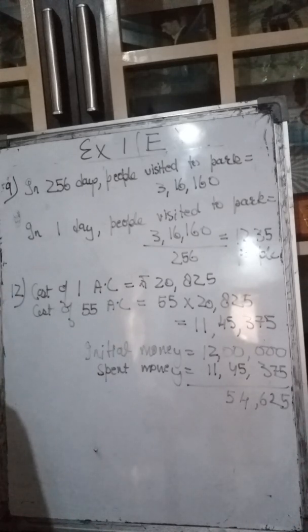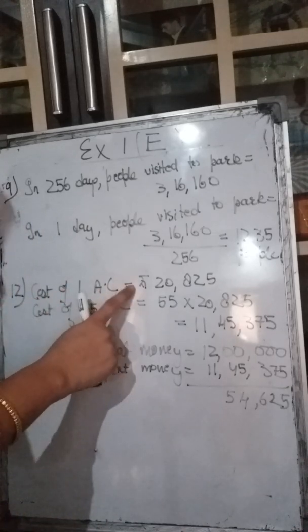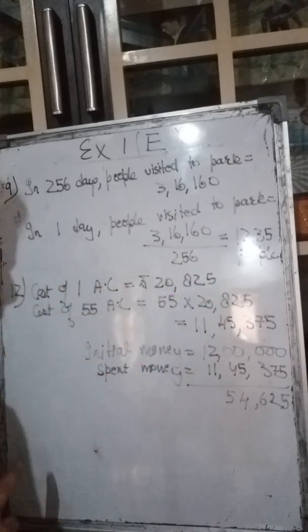Now we come to the 12th question. The 12th question says, a shopkeeper had 12 lakh rupees with him. He placed an order for 55 air conditioners at rupees 20,825 each. That means the cost of one AC was how much? 20,825 rupees. And he placed the order for how many ACs? 55.